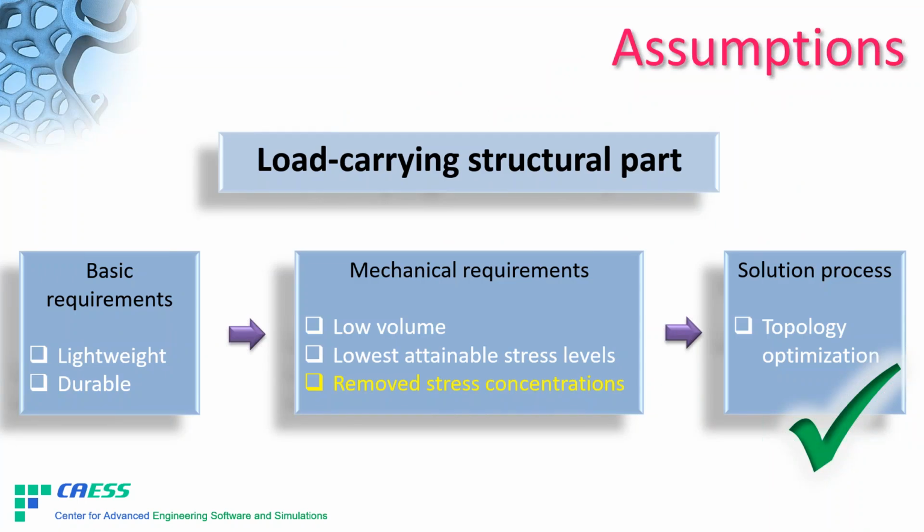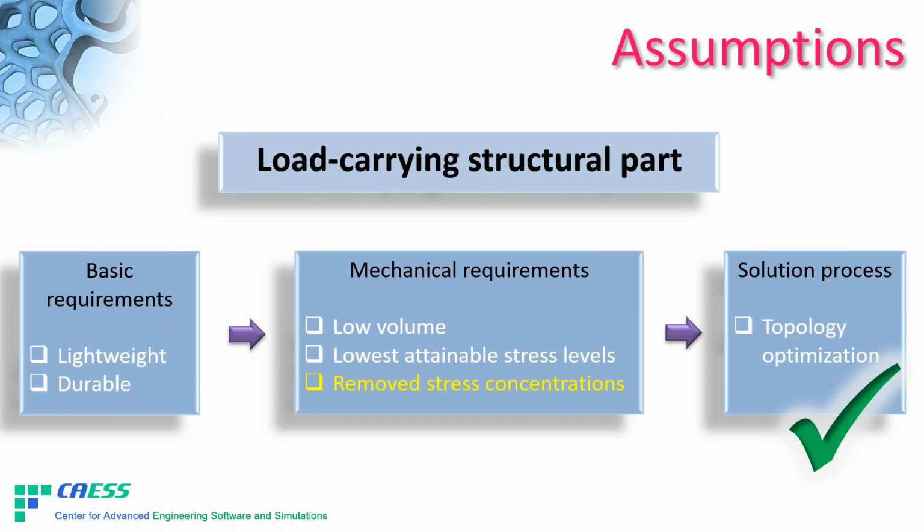To the assumptions. We assume that we have to design a load-carrying structural part, and let's say the basic requirements are that the part should be lightweight and durable. Now, in the mechanical context, lightweight is typically translated, let's say for a fixed material, into low volume, and durability is mostly translated into getting the lowest attainable stress levels and, which is very important and critical, removing stress concentrations.